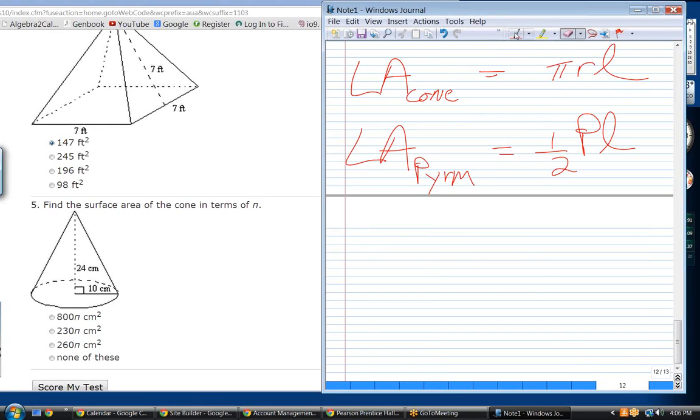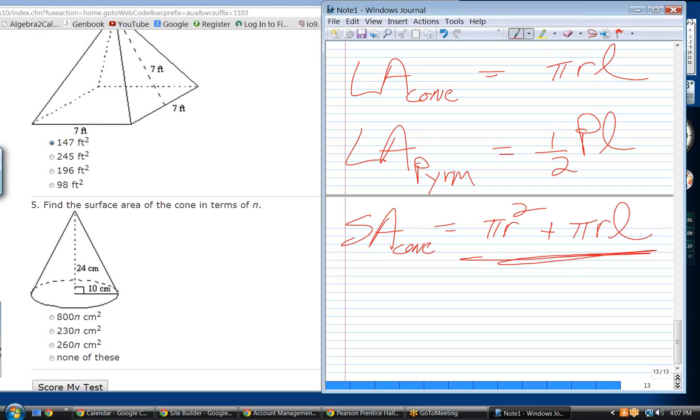So the surface area of a cone is going to be what? Surface area of a cone is the area of the base, which is what? Pi r squared. So 100 pi, plus pi r L.